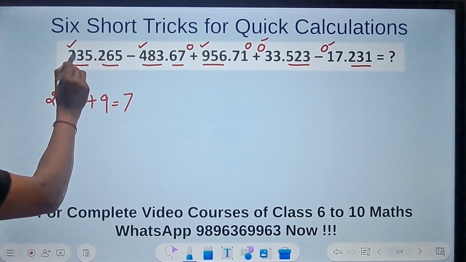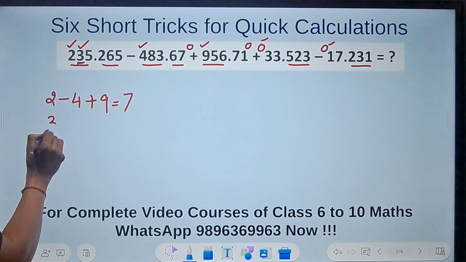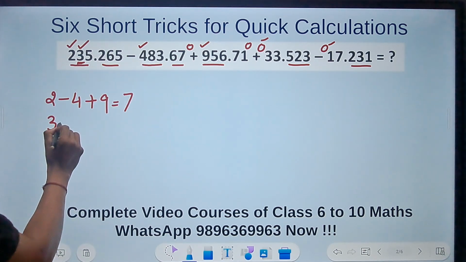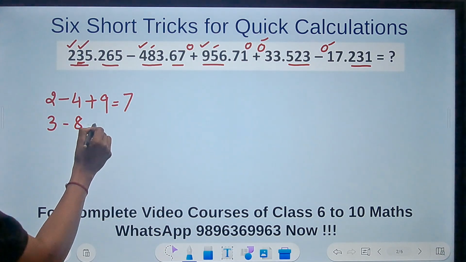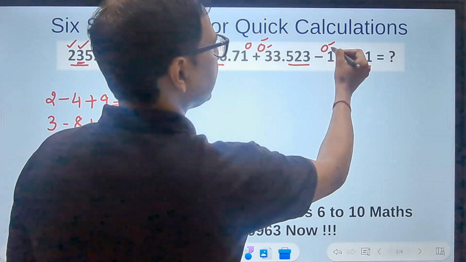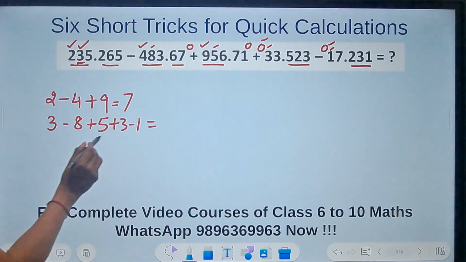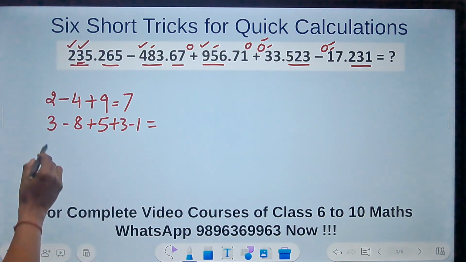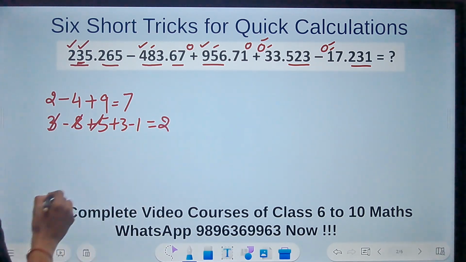Likewise, go place value wise. Here we have 3 in the tens place, so 3 minus 8 and then plus 5 and then the tens place, right? So plus 3 and minus 1. See, I'll add all those in the mind itself. So this is minus 5 plus 5 which is 0, and 3 minus 1 is 2.